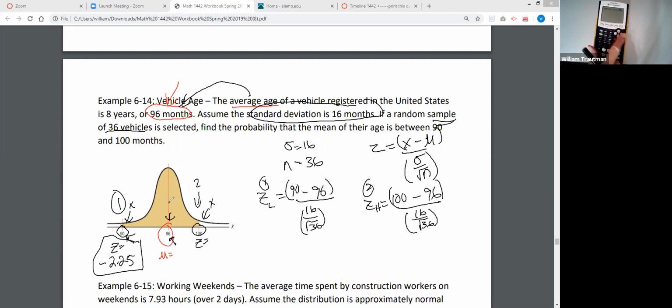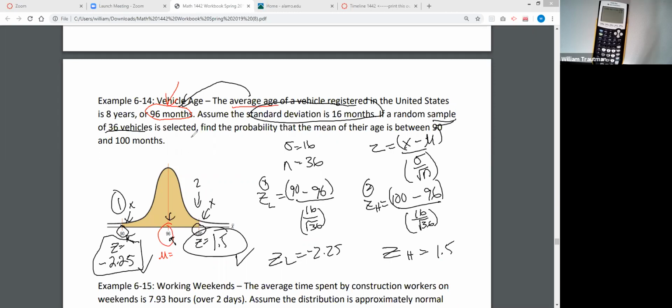Now I'm out of the square root, and I can hit my close parentheses, and I get a positive Z value of 1.5. So Z low equaled negative 2.25, and Z high equaled 1.5.